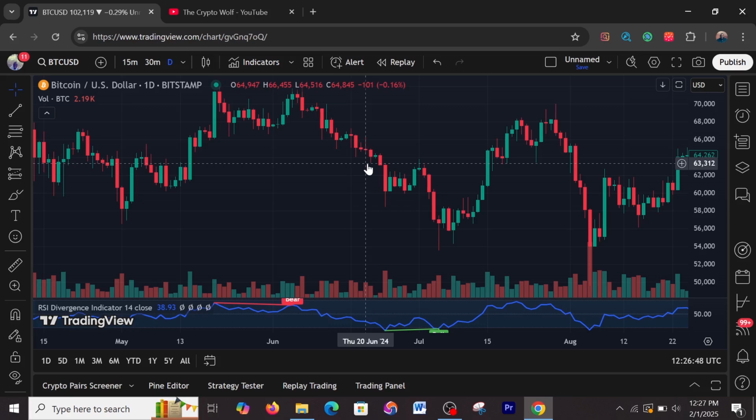The typical RSI is kind of boring, it just has the overbought and oversold conditions. But this RSI divergence shows you if there's a divergence between price and the RSI itself. If there is a divergence, it will print it, you will see it, and that's where you are seeing this bear and bull.